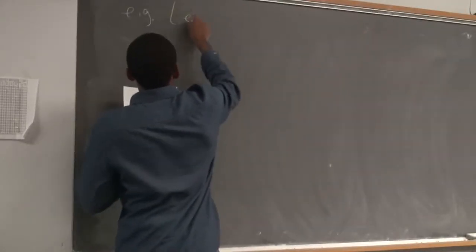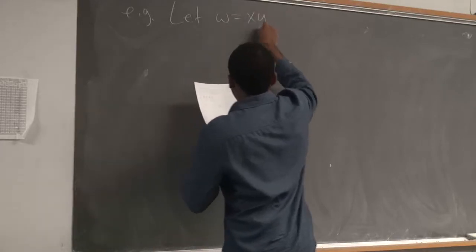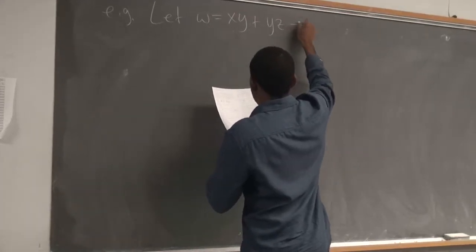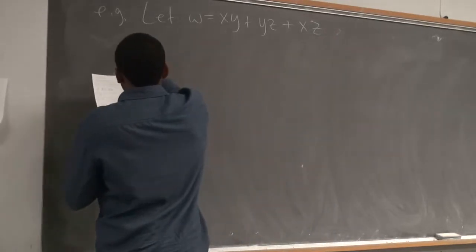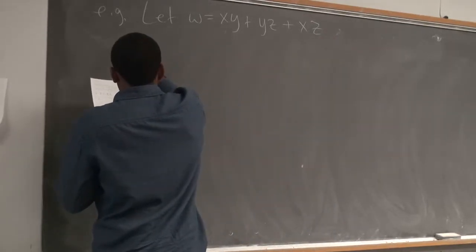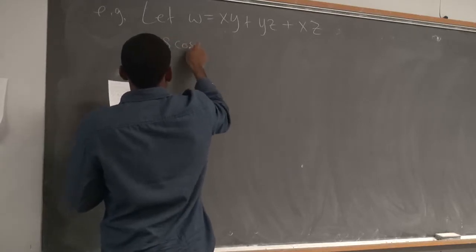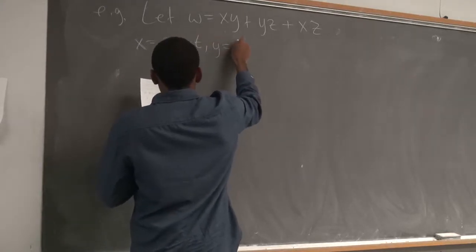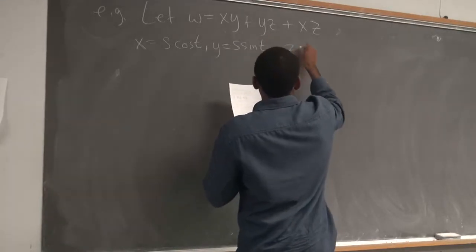So for example, let w equal xy plus yz plus xz, and x is equal to s cosine t, y is equal to s sine t, z is just equal to t.